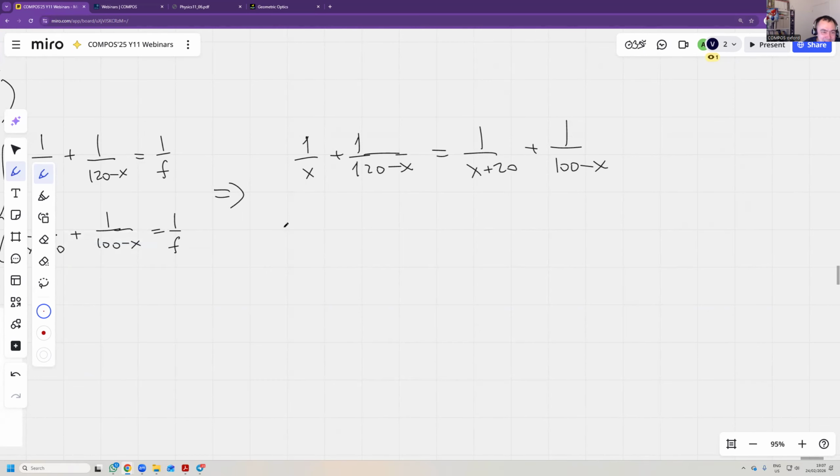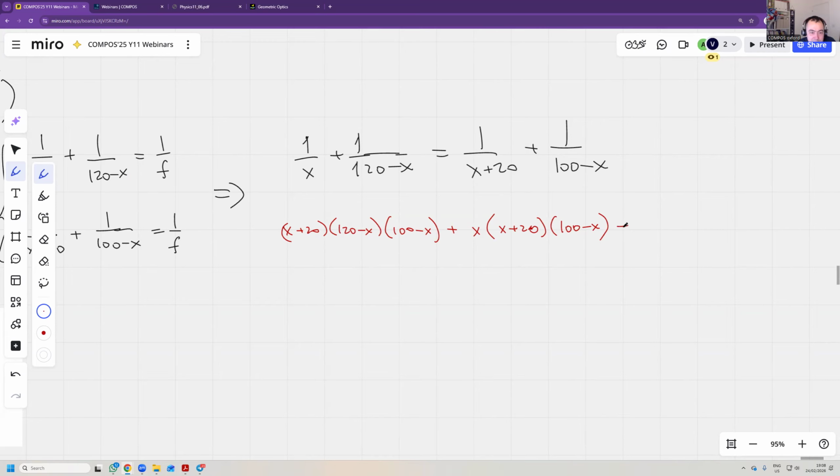So it's going to be x plus 20 multiplied by 120 minus x multiplied by 100 minus x, plus x times x plus 20 times 100 minus x. Okay, cubic equation, not that bad, not the end of the world.